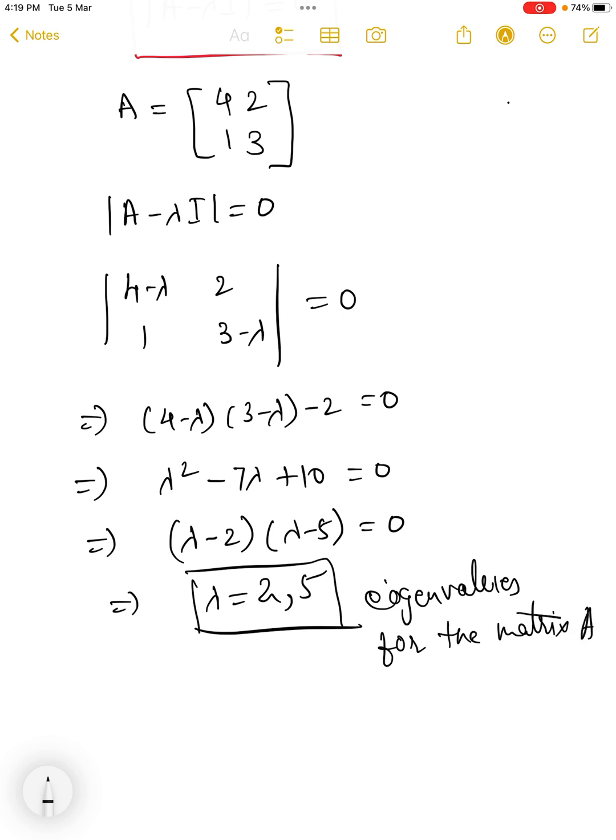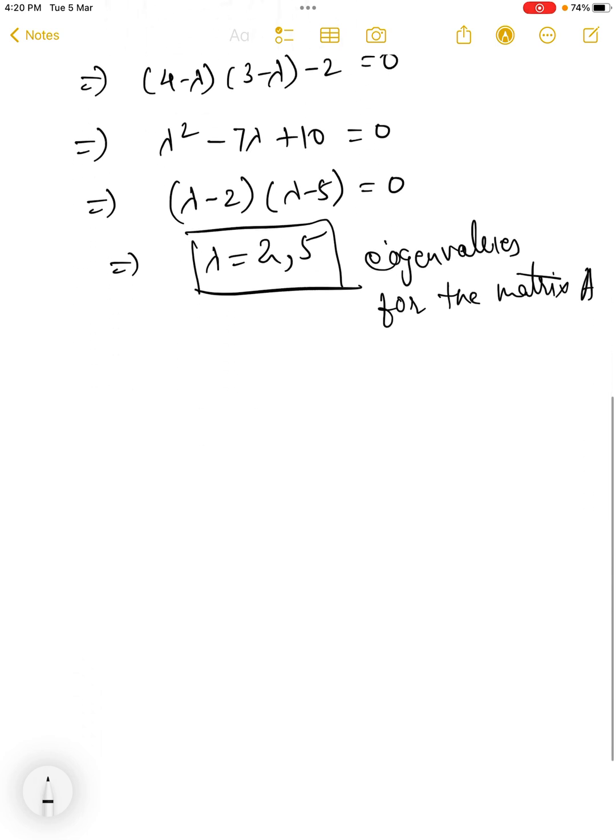Now we are going to find the eigenvectors. First we take lambda equal to 2 and find the corresponding eigenvector v1, suppose v1 equal to [x1, x2].